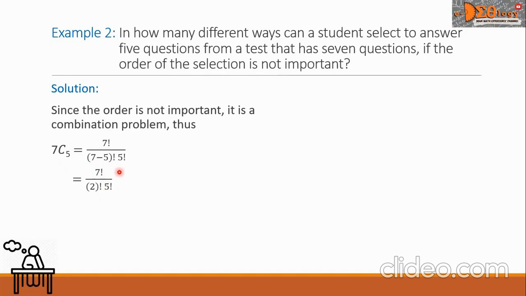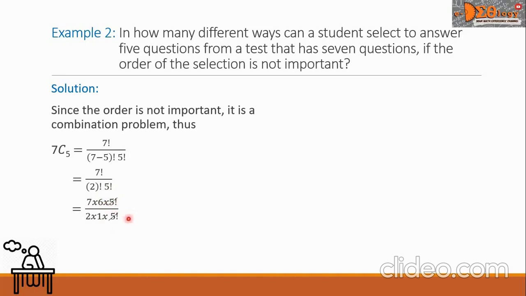Our numerator can be written now as 7 times 6 times 5 factorial over the 2 factorial, which is now expanded into 2 times 1 times the 5 factorial. We will keep it as is because we can cancel the 5 factorial in the numerator and in the denominator.